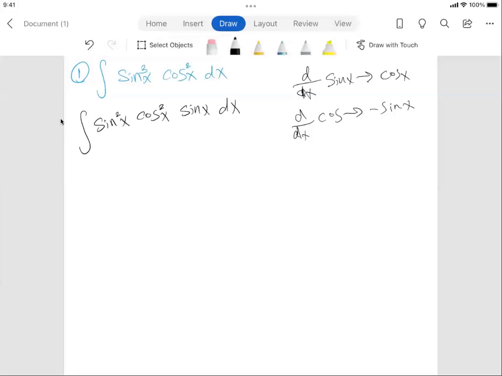I will use this sine as a part that is a derivative of some other term. All I would need to do is increment the power of that term by 1 and divide by the new power. Let me show you what I mean.